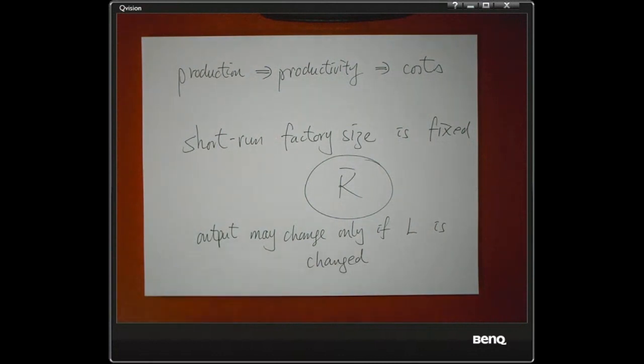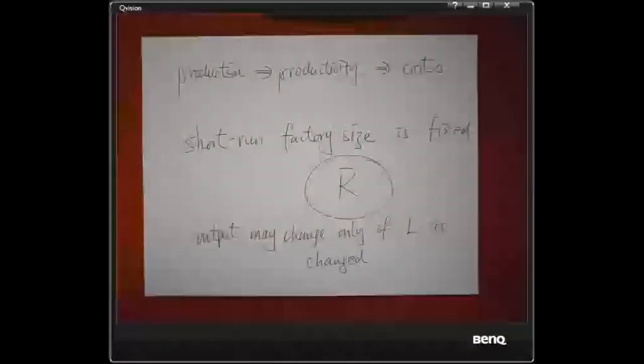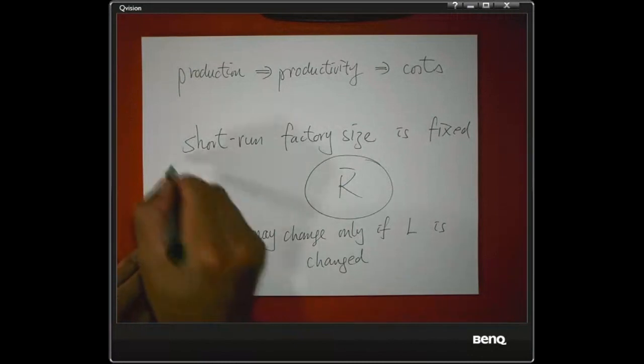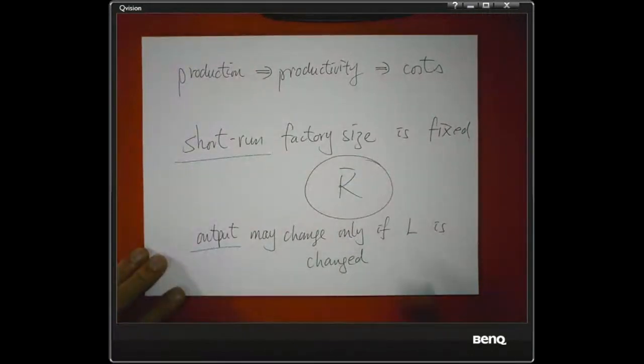Because for a fixed factory, if you want to produce more outputs, you hire more workers or ask your workers to work overtime. If you want to scale back, that is, reduce output, you lay off some of your workers. And therefore, in the short run, output depends only on labor inputs.